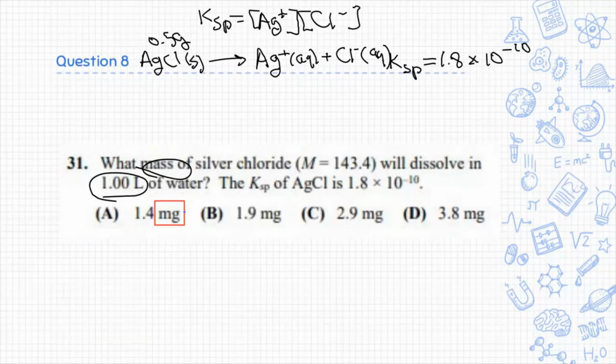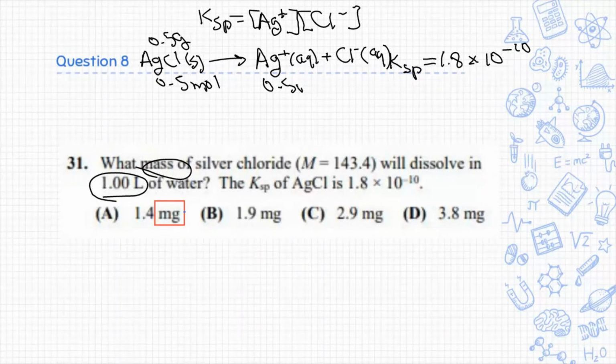So basically, if there was 0.5 moles of silver chloride and we assume theoretically that they were to all dissolve, then there would be 0.5 moles of Ag plus and 0.5 moles of chloride ion.